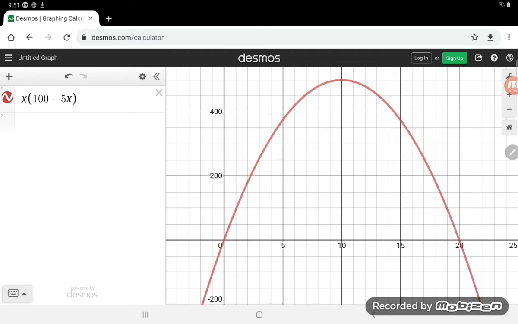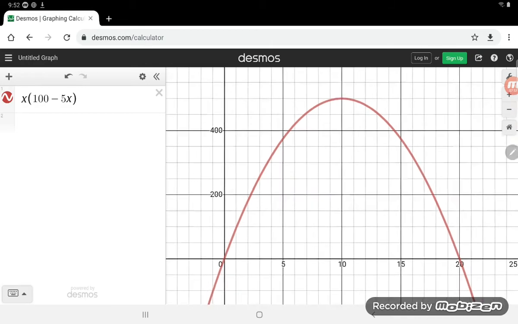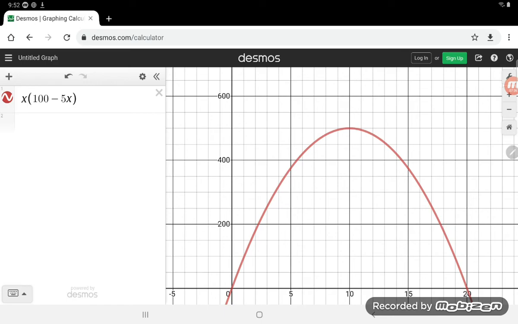Okay, I'm back. So it'll either be opening down, like the one we see here, or opening up. And so here is that maximum. That would be my maximum revenue. And so that would be at 10.